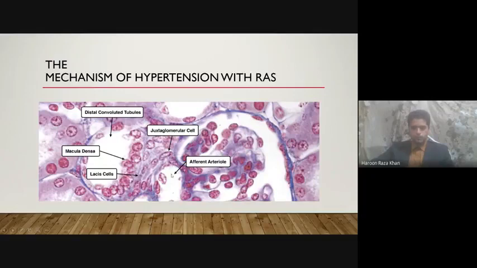When the stenosis occurs here, this will lead to these cells secreting the renin, which will further aggravate the problem of the patient. So, moving onwards, we will continue with our lecture.